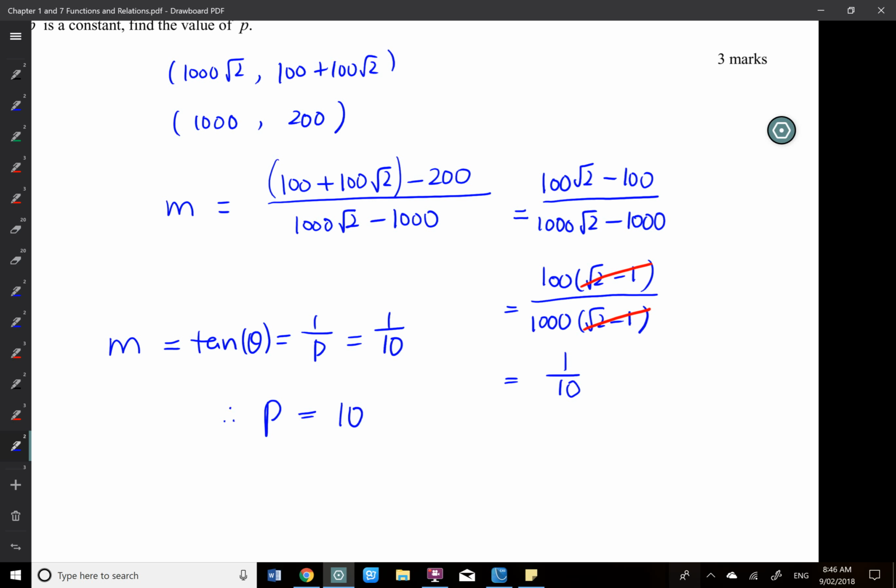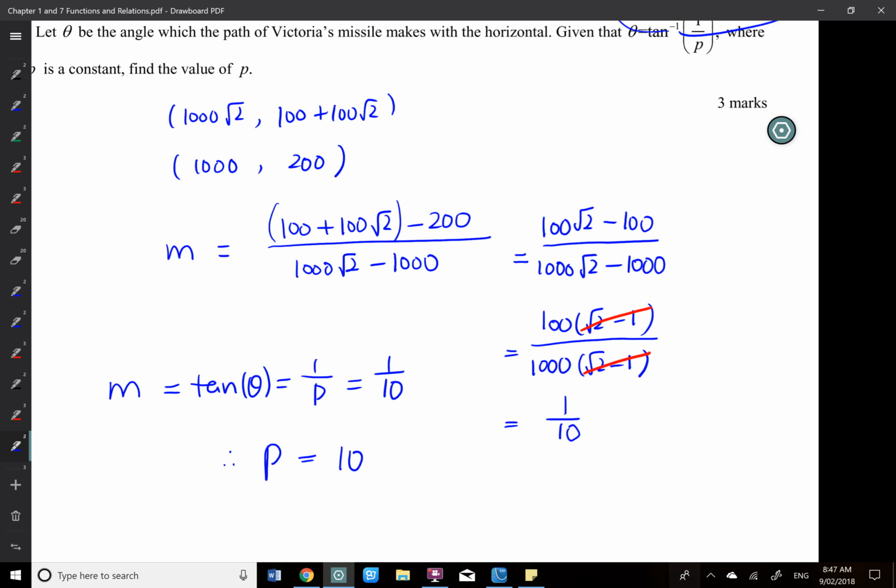That's the first method, and it's very straightforward. That's according to what the question gives us. We just find the coordinates of the intersection and find the gradient between the two points. But the most important thing is, when you see me do this question, you say, oh, very straightforward. But it's very difficult to think from the very beginning what is being asked.